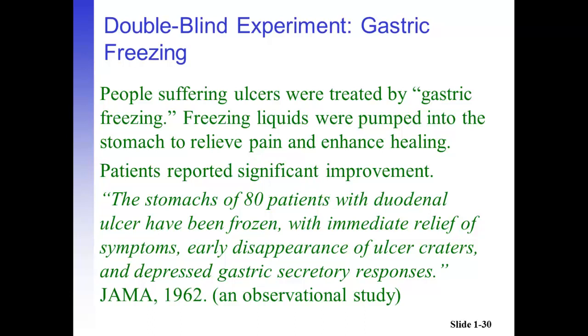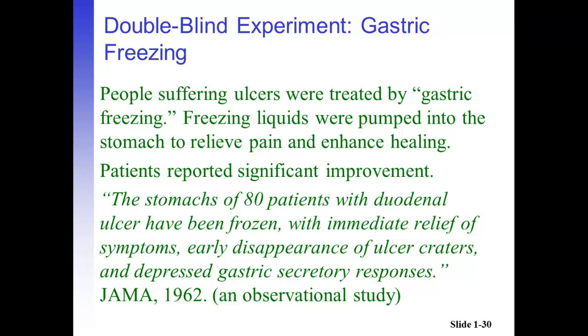Patients did report significant improvements, and in fact, the Journal of the American Medical Association reported in an article in 1962 that the stomachs of 80 patients with duodenal ulcer have been frozen with immediate relief of symptoms, early disappearance of ulcer craters, and depressed gastric secretory responses. This study, by the way, was an observational study rather than a controlled experiment.